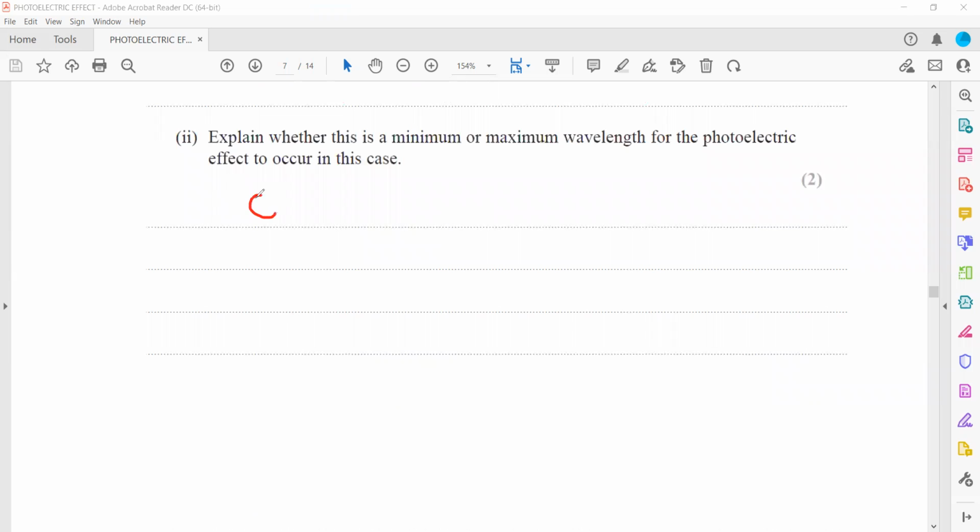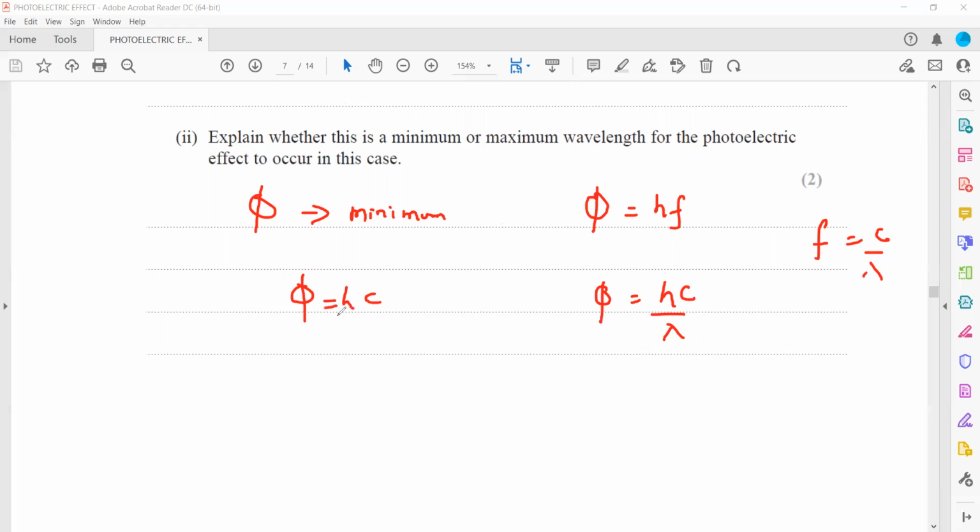Work function phi is the minimum energy needed to remove an electron. If the energy of the photon equals the work function, we can say phi equals hf. And because the frequency is related by c divided by lambda, phi equals hc over lambda.